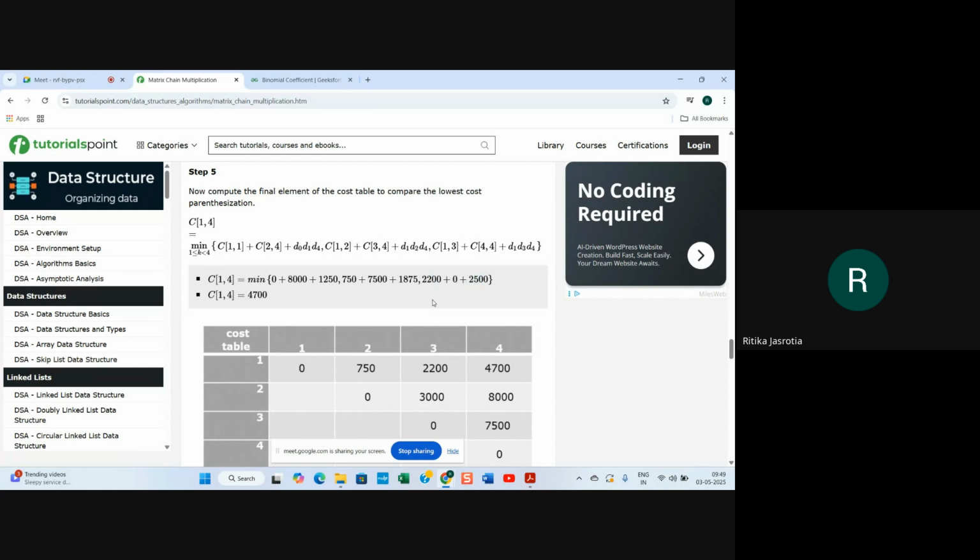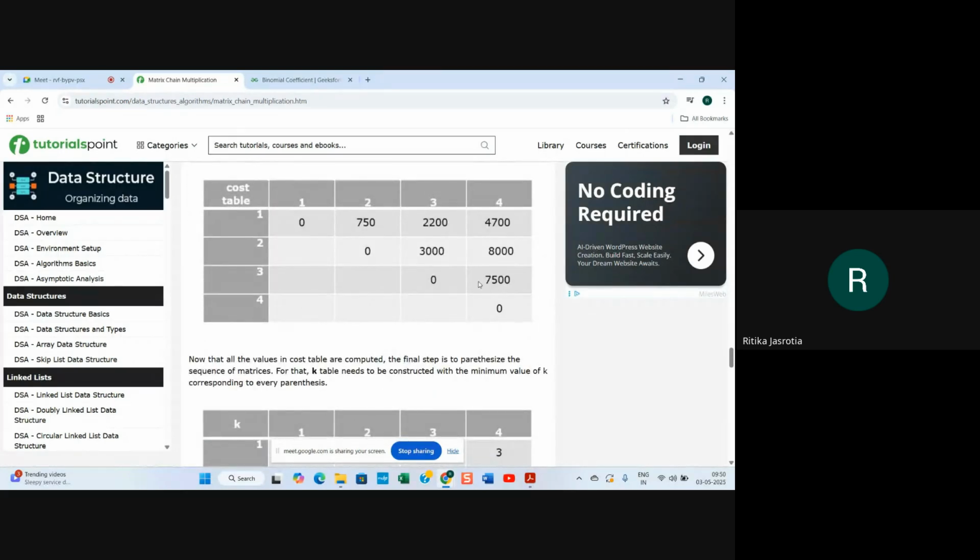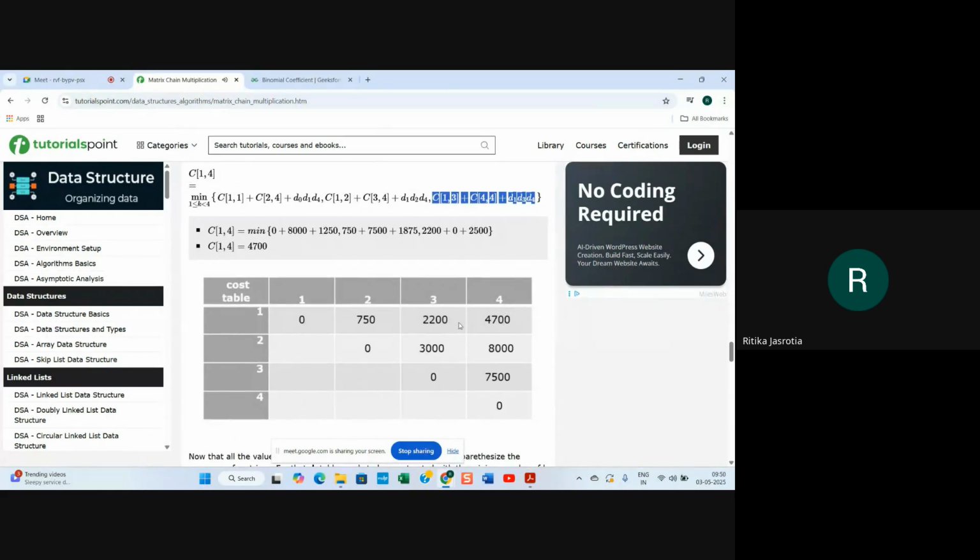So which one is giving you the least result is this one, 2200 plus 0 plus 2500. This is giving you 4700. So you will take this lowest term, 4700, and keep it at 14.